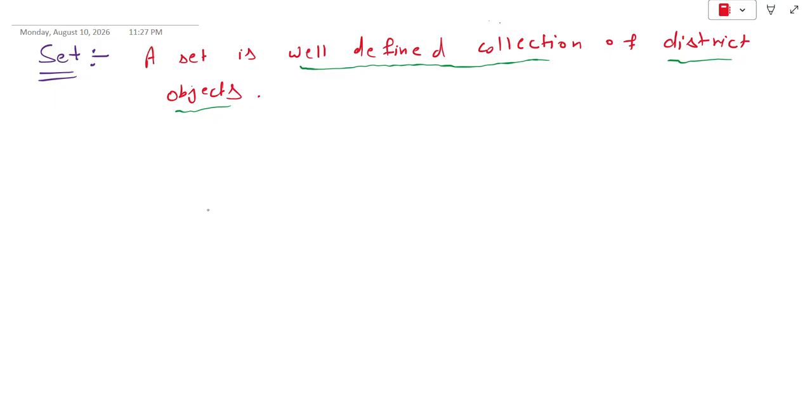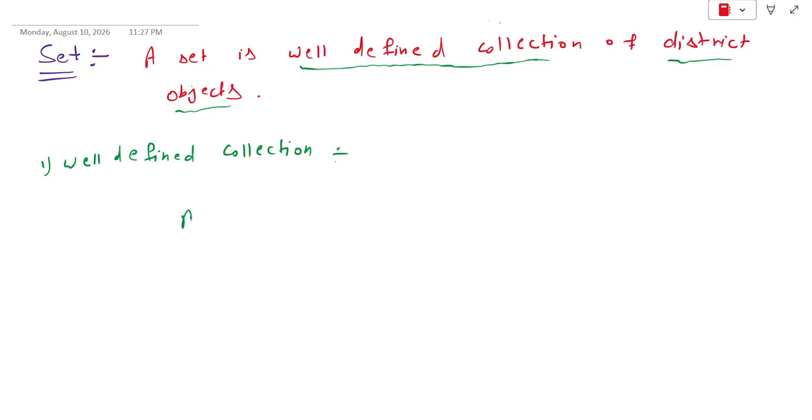So we discuss one by one. Firstly we discuss well defined collection. Well defined collection means that we can decide whether a particular object belongs to the set or not.